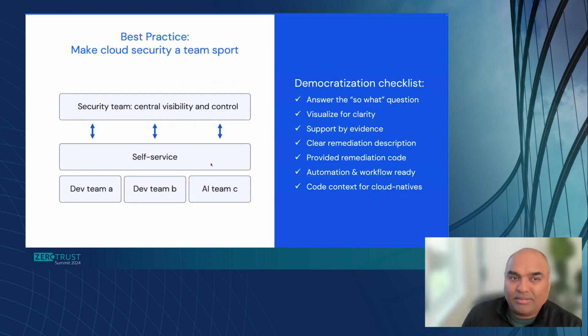So next, we need to really focus on democratizing security. We need to make sure the role of security in a cloud environment is strategic, and individual teams are enabled to self-service security for their own individual applications they own.